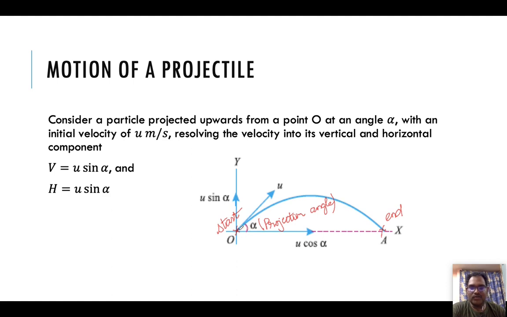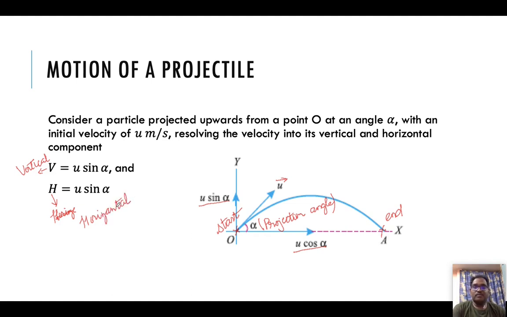So this is a velocity vector u, and this again will have two components, u cos alpha and u sin alpha. So v corresponds to the vertical component of that velocity vector, and h corresponds to the horizontal component of your velocity.